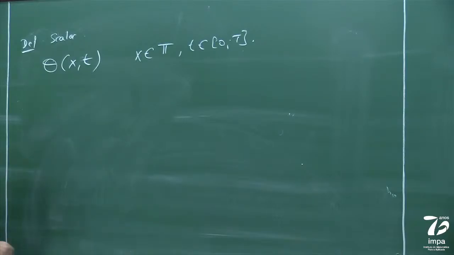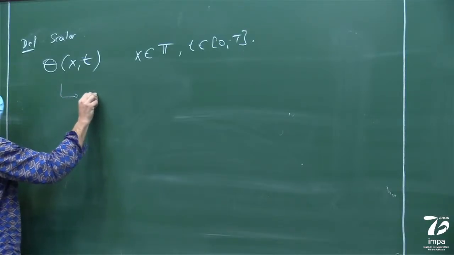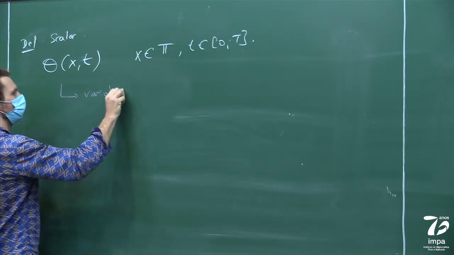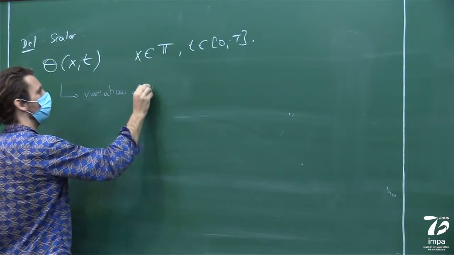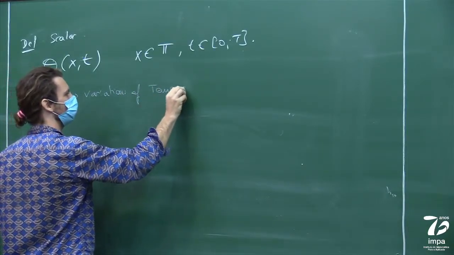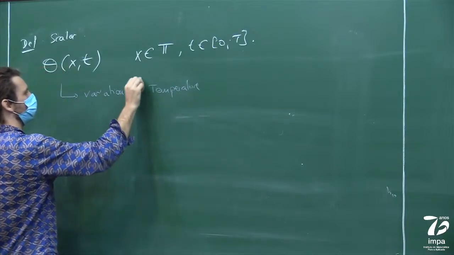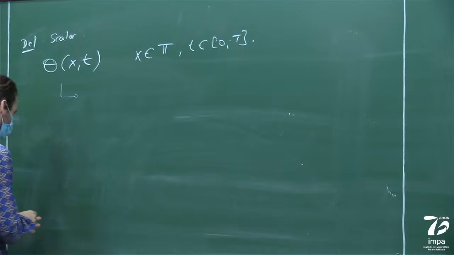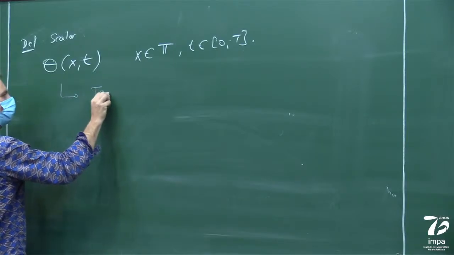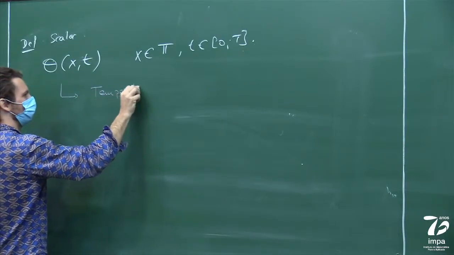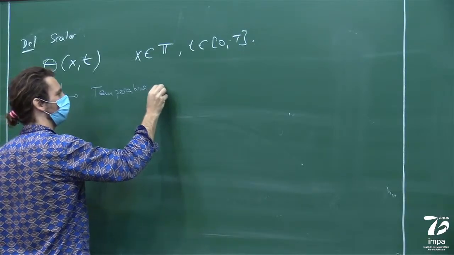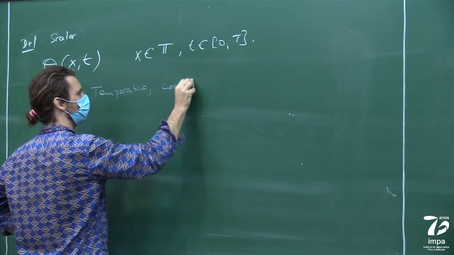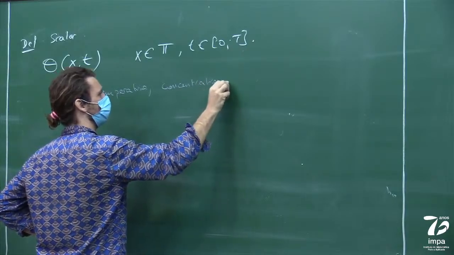And the idea is that such a quantity will describe a variation of temperature, or just a temperature. Let's be simple. Temperature, concentration field, concentration, etc.